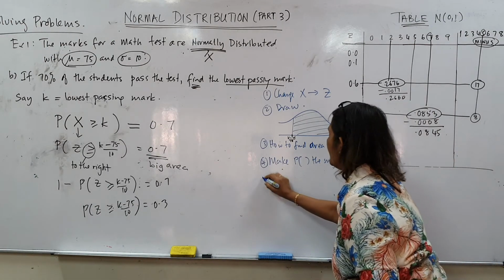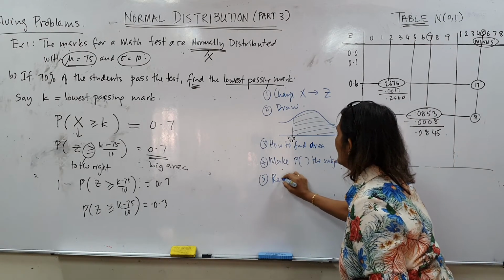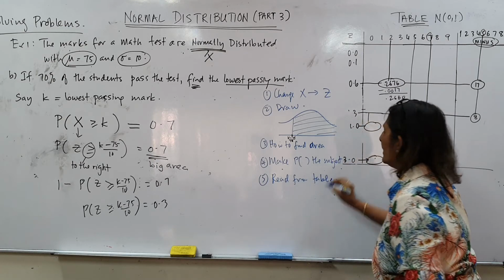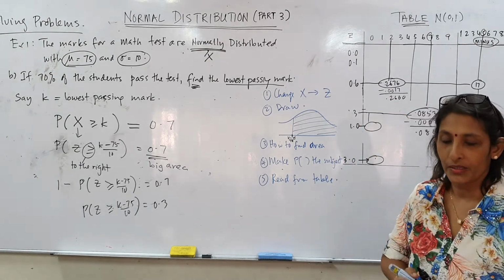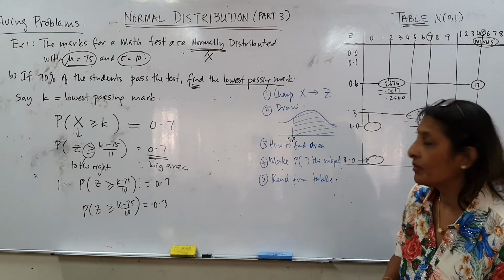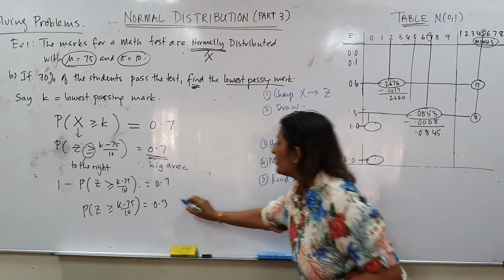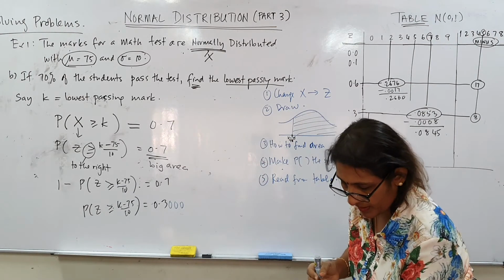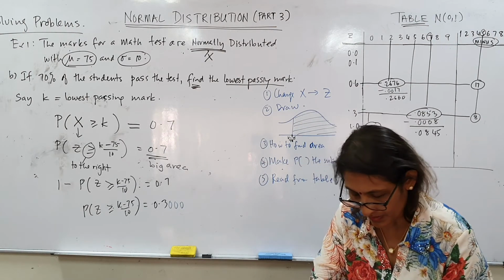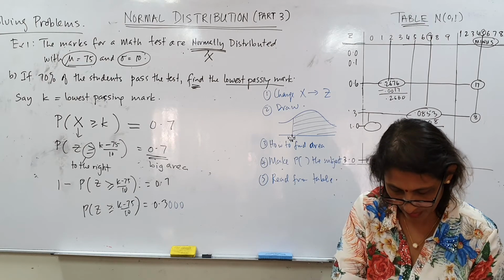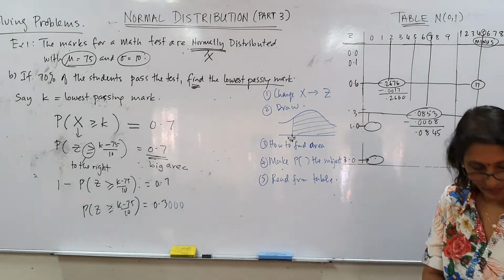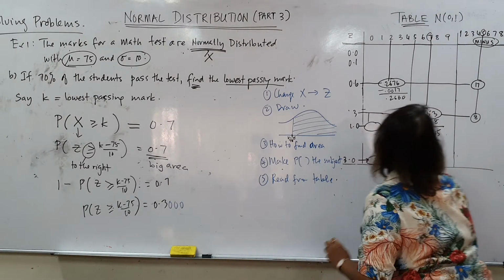Step 5, read from table. Here you got to look for 0.3. You have to look for 0.3000 in the table. Okay, you look inside this area.